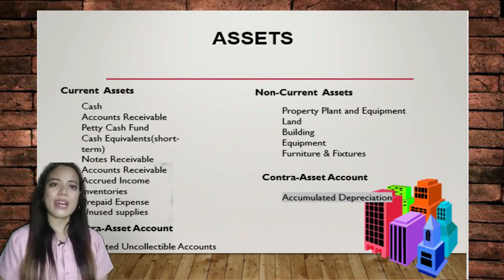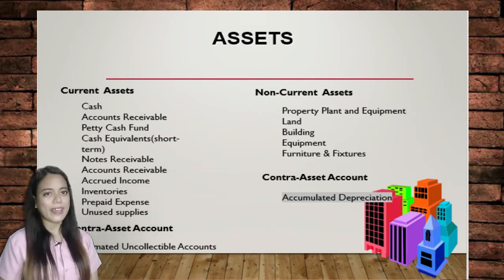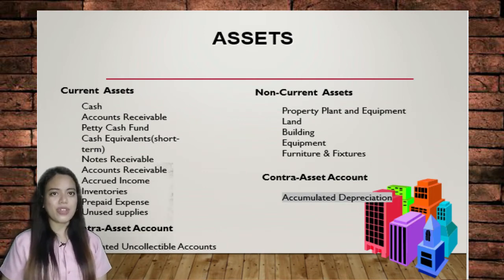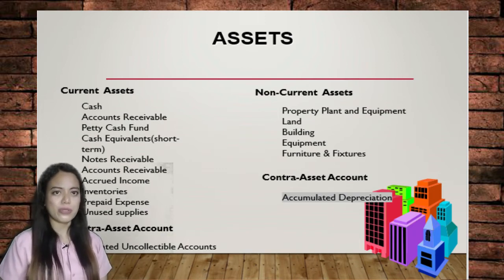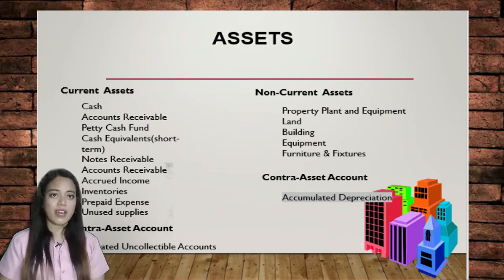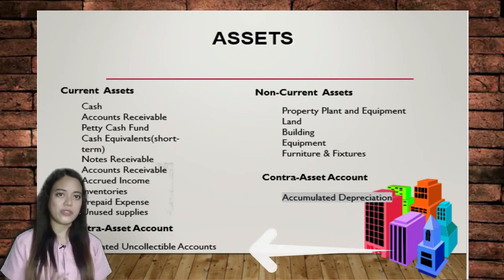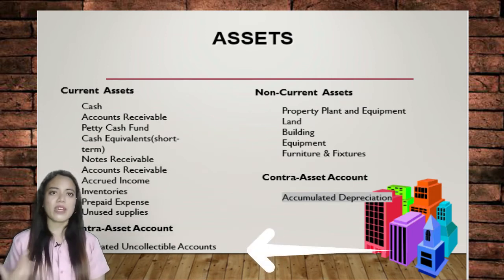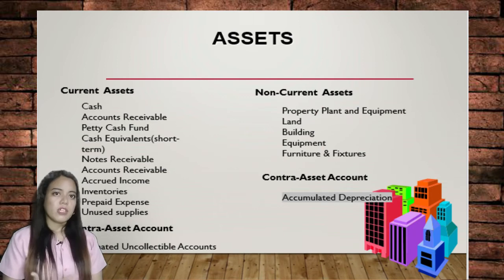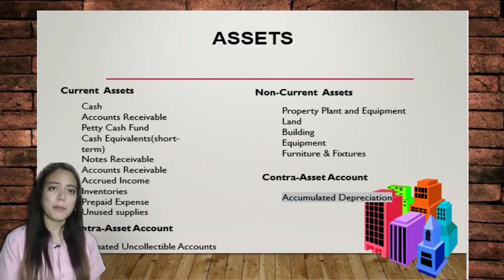We also have what we call contra asset accounts. A contra asset account is considered to be a deduction on the main asset account. We have the estimated uncollectible accounts. Of course, if you have accounts receivable, this is the amount that you will collect in the future, but there are debtors who won't be able to pay you.